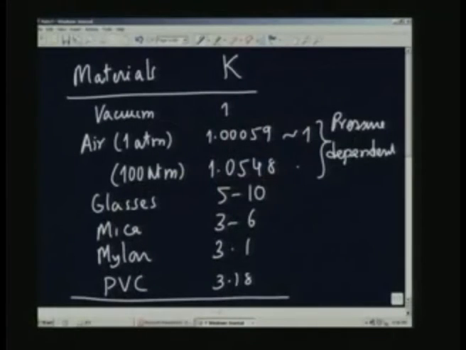So, let me just look at the equation again. Suppose I look at the equation, we have C equal to some constant 0.0885 K times A by D. Once you have chosen the dielectric constant or the material between the two plates, this is going to be a constant.